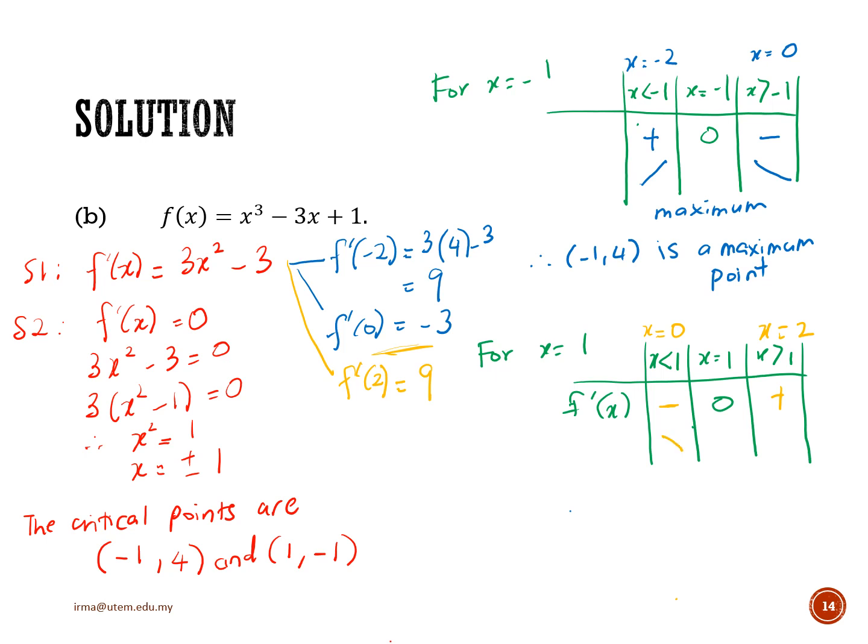So you have negative and this is positive, so this will become the minimum point. Therefore we have the conclusion, which is 1, negative 1 is a minimum point. Right, this is the solution for B.